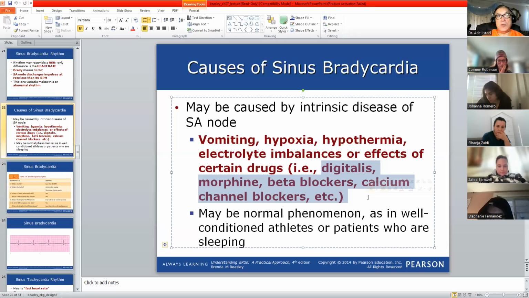They produce a slow heart. So when we are going to practice together and you find that the heart rate is like 55, less than 60, we have to ask the patient. As I told you, when we do the electrocardiograph, we ask about the medication.